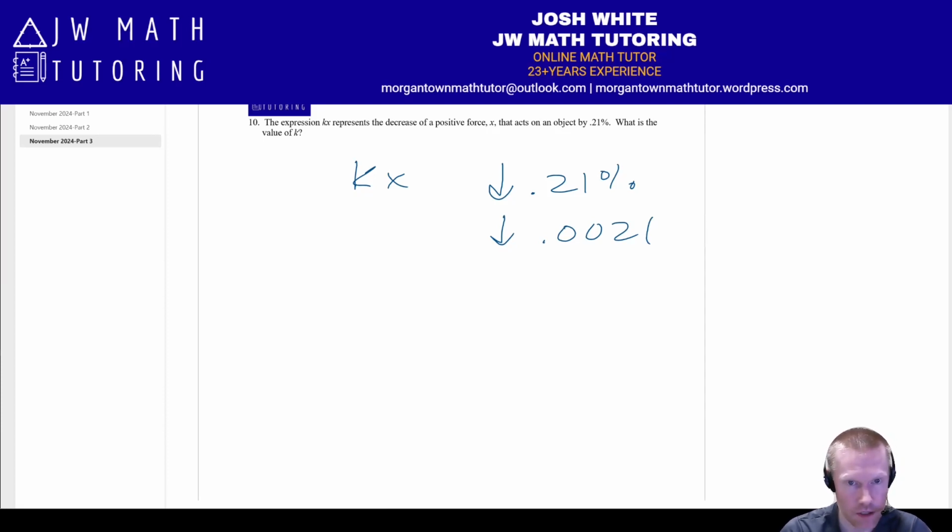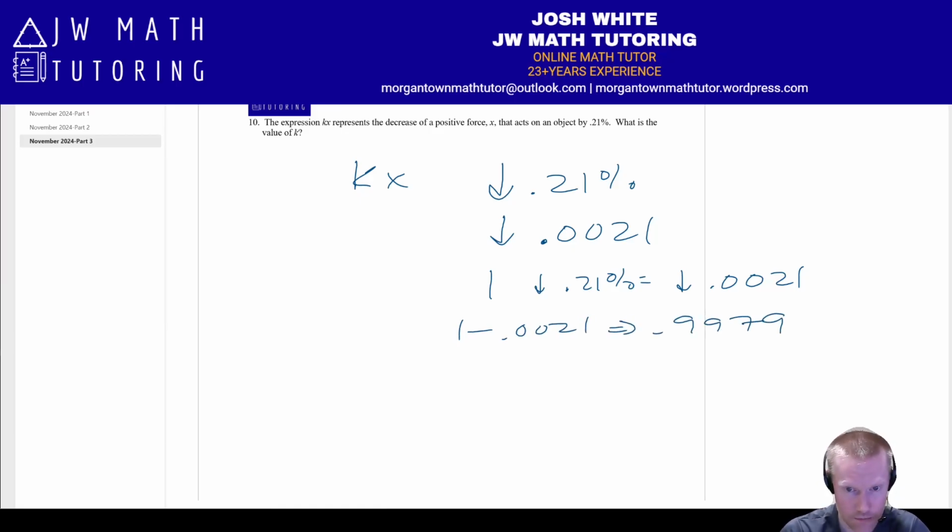If you think about 1 as your starting value, you start at 1, and then you decrease it by 0.21%, i.e., you make it go down by 0.0021, then it would go to 0.9979. So again, I started at the value of 1.